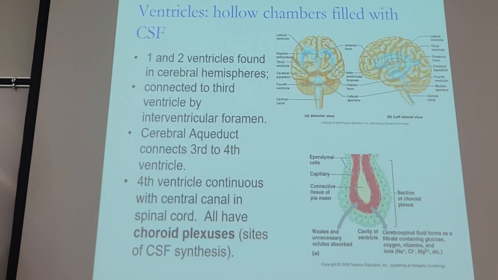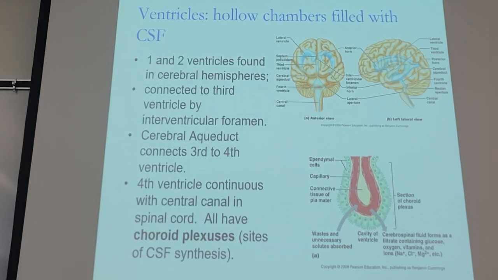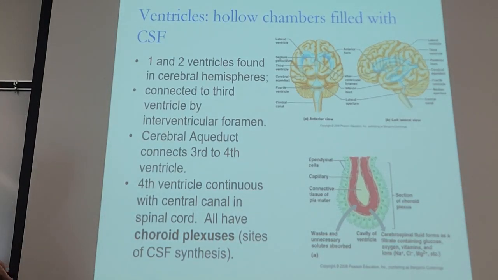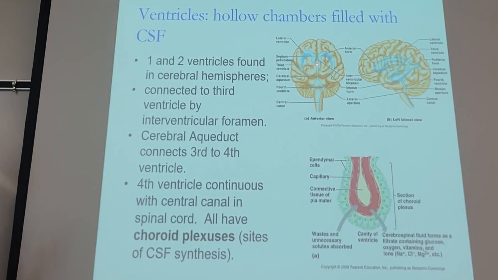Okay, so ventricles. Ventricles we've identified in lab. We know they are spaces in the brain that house fluid, specifically cerebrospinal fluid, which is a derivative of your bloodstream. We know the lateral ventricles live in each hemisphere. That's why we have a left and a right. They're connected by the interventricular foramen, which then connects to what ventricle?